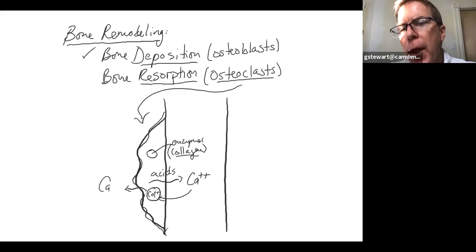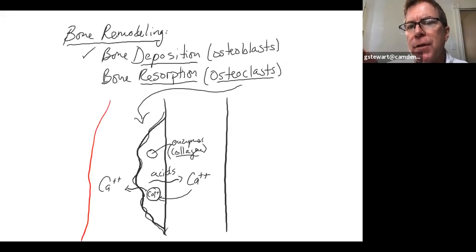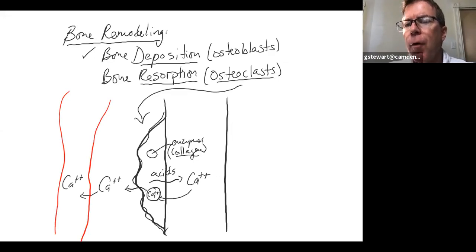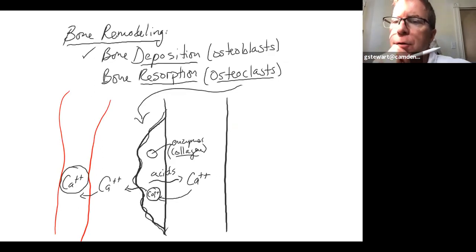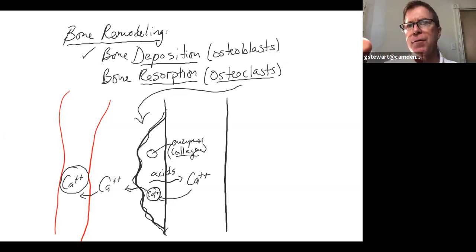Calcium has made its way through that osteoclast cell into the interstitial fluid, which has blood vessels in it, and now that calcium can enter the bloodstream. So when osteoclasts break down bone tissue, like I just described, what that does is it liberates the calcium inside of the bone and puts it in the bloodstream where it can be used by other cells. That describes the whole process of bone remodeling, deposition and resorption.